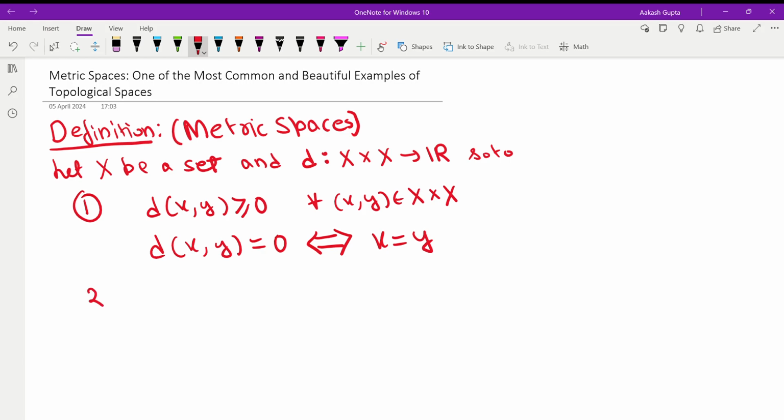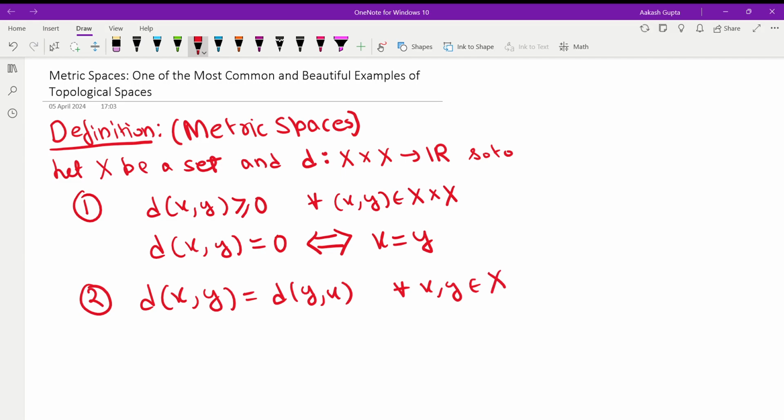Second. The next thing is that d of x, y should be equal to d of y, x. This should also happen for every x and y in X. Either I can write x comma y in X cross X, or I can write x comma y in X, it is well understood. What more?